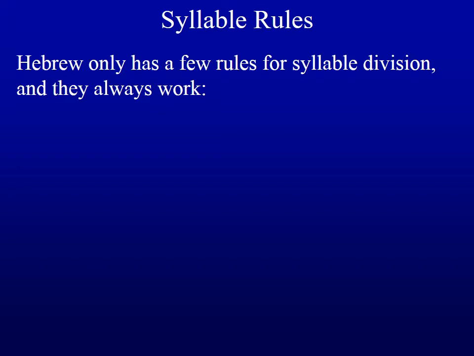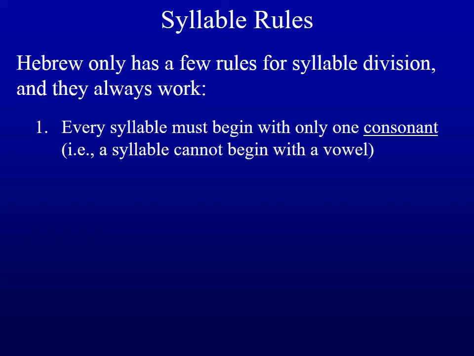So all of these rules about begad kafat letters, dageshim, and vocal and silent schwas gets us to the final task, which is to figure out how to pronounce specific Hebrew words by correctly dividing their syllables. So Hebrew has only a few rules for syllable division, and these rules will always work.